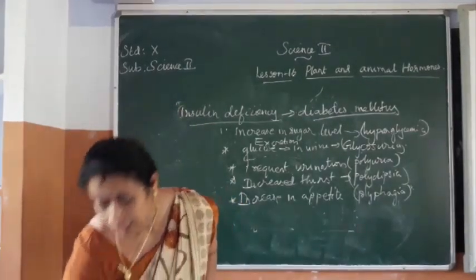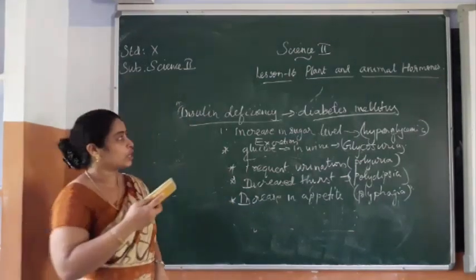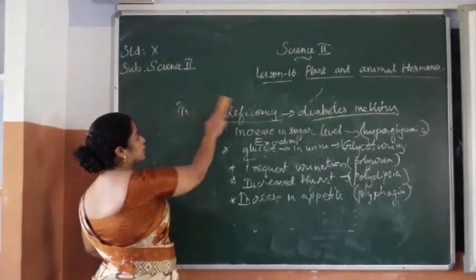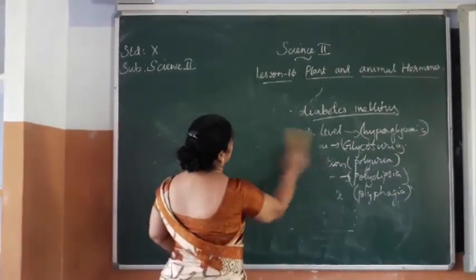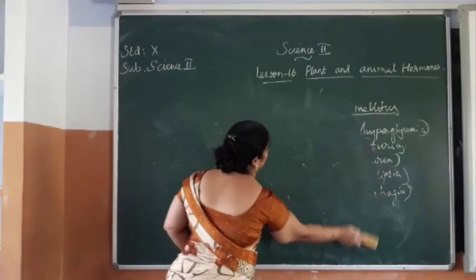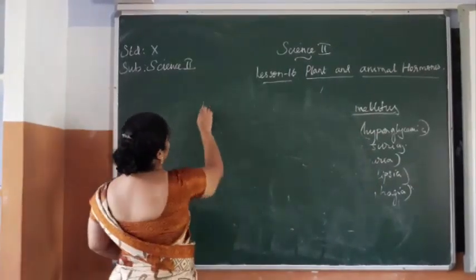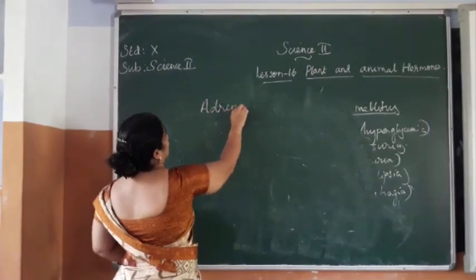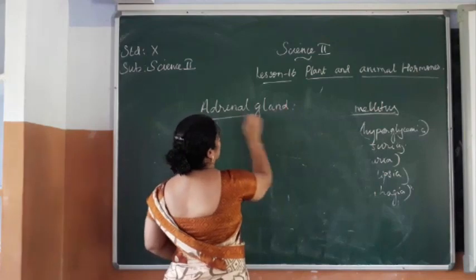Next, we are going to study the adrenal gland. We have completed parathyroid and pancreas. Next one is the adrenal gland. Where is it present?